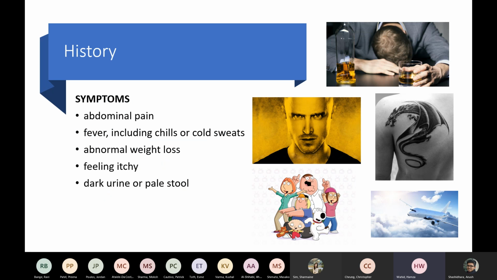So in terms of the history, what kind of risk factors are you concerned about for potential liver disease? Very basic stuff to ask about. Alcohol, exactly. Anything else?